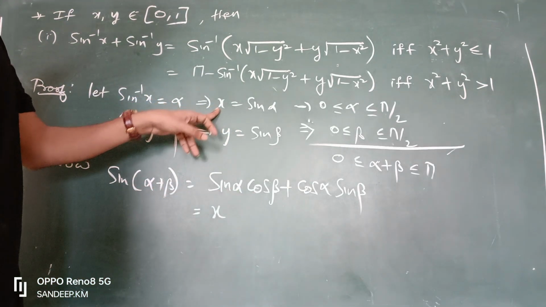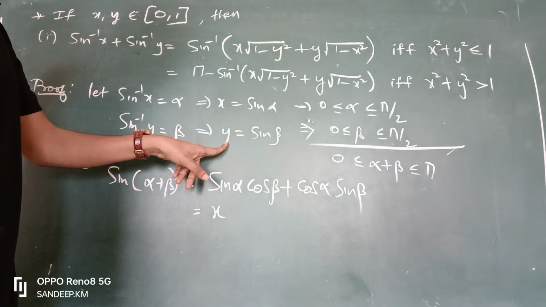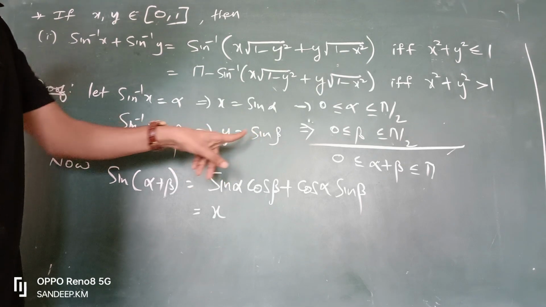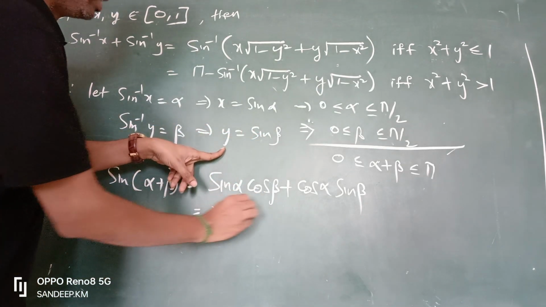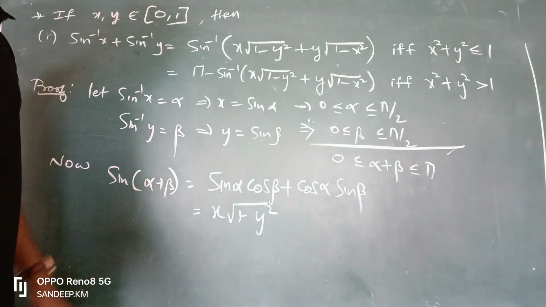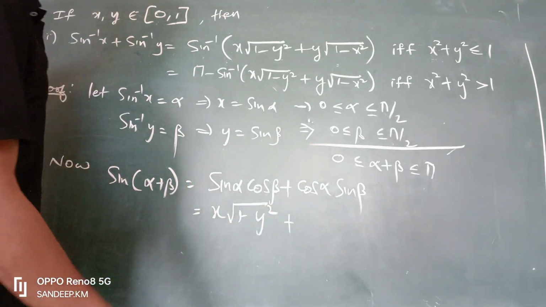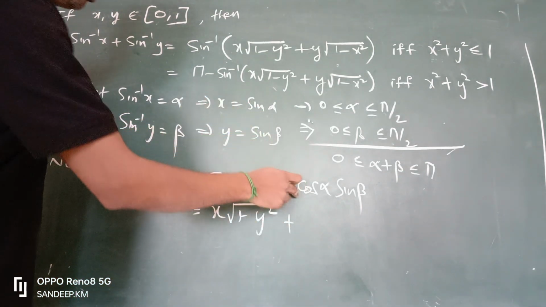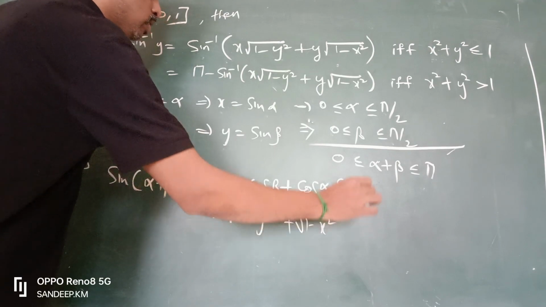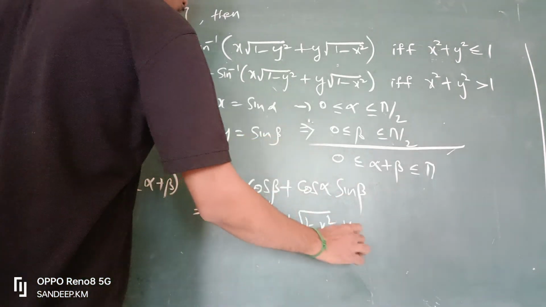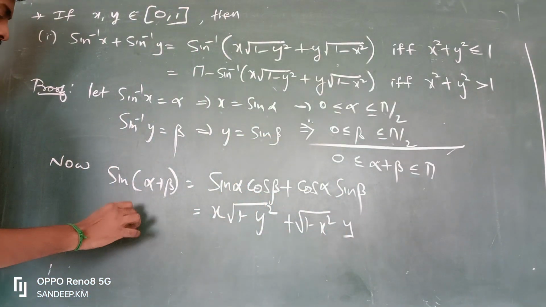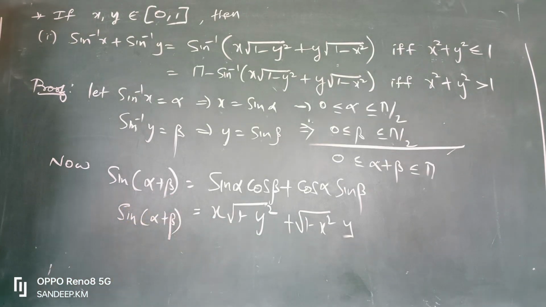Please observe one thing: if sin beta is y, then from trigonometry cos beta is root of 1 minus y square. Similarly, if sin alpha is x, then cos alpha will be root of 1 minus x square, and sin beta is y. So sin of alpha plus beta is equal to this.